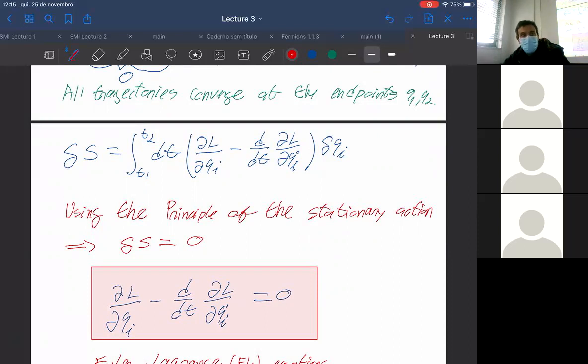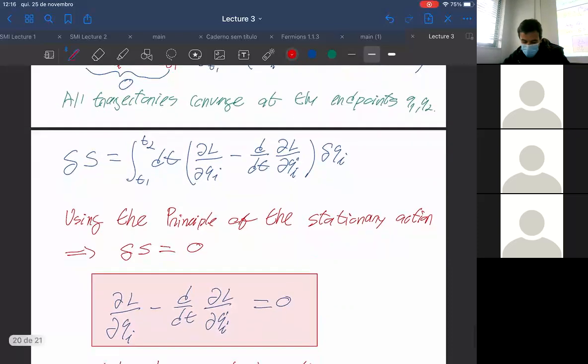It only holds if T1 and T2 can be anything. You can't do this step. Even with concrete times, for example, going from 1 second to 2 seconds, as long as the trajectories are fixed at these points, it doesn't matter.